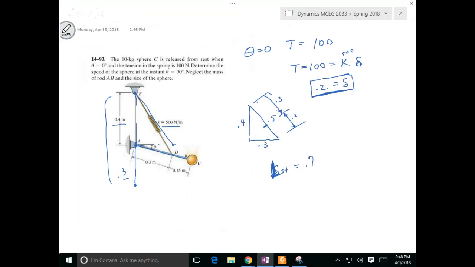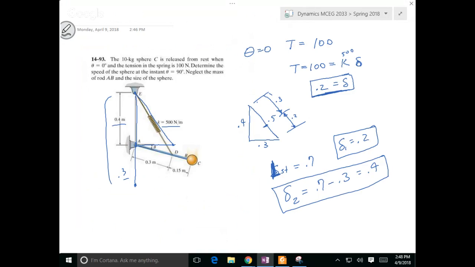The delta at state 2 then would be 0.7 minus 0.3, right? Should be 0.4. So delta 1 equals 0.2. Delta 2 is equal to 0.4. So now I can just haul off and do this.